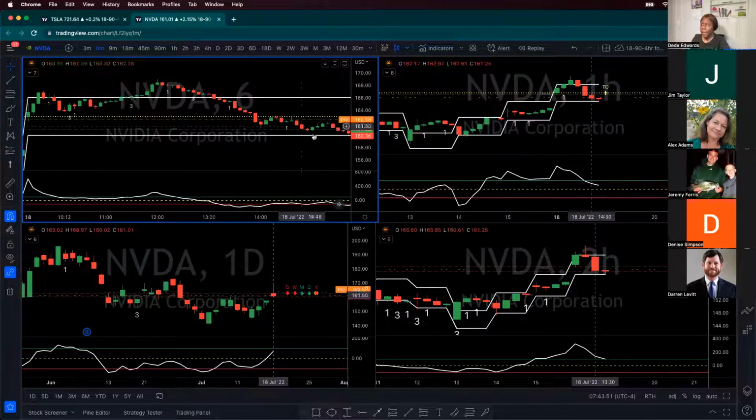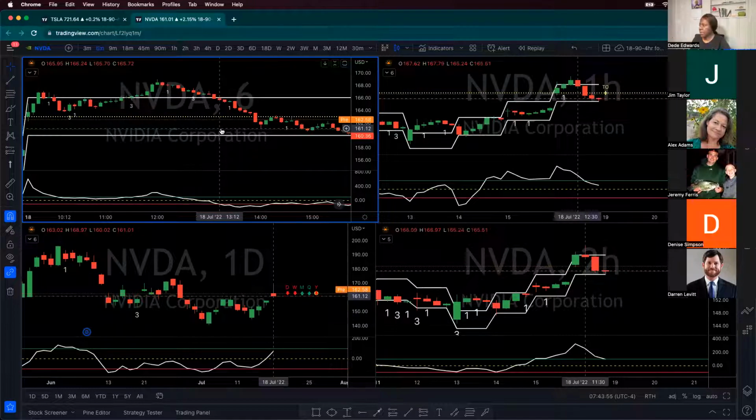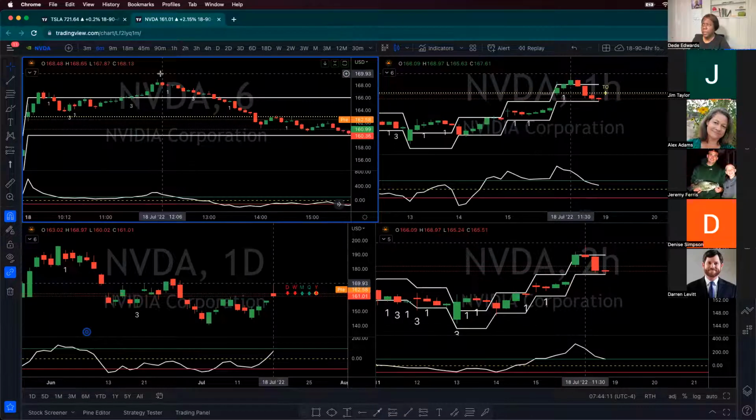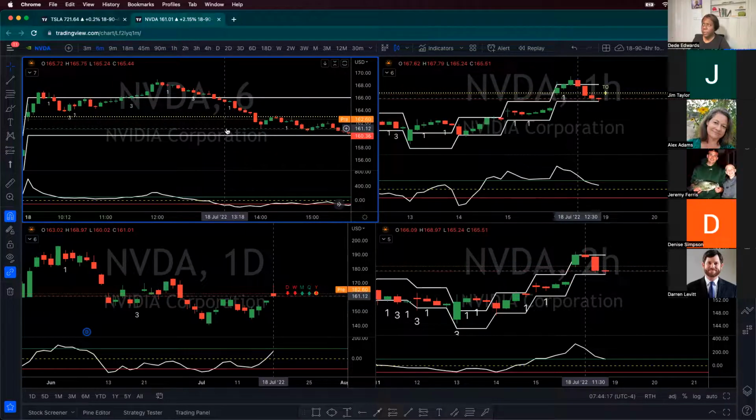Okay, so aside from drawing my broadening formations, I'm just simply using CCI to help us gauge whether or not the trend, the momentum is continuing in our direction. And in this case, we had our move here to the upside off of that inside 60, and then we have our move here to the downside off of a 2-2 rev strat, a 1-2-2 rev strat.